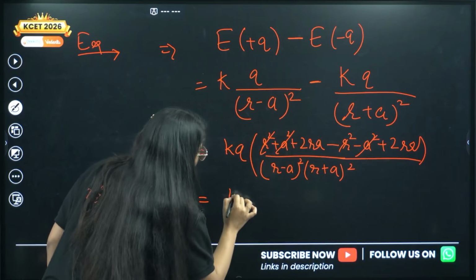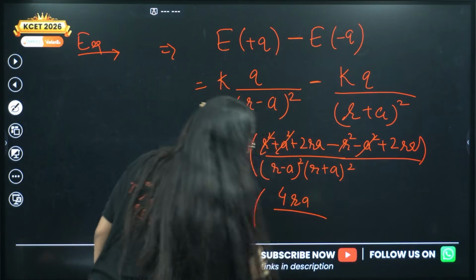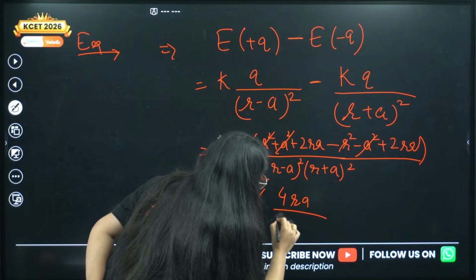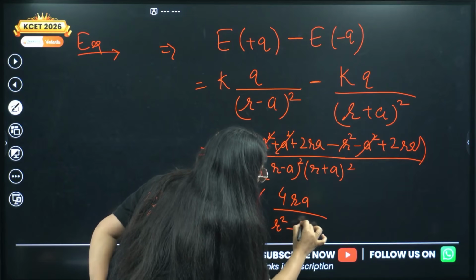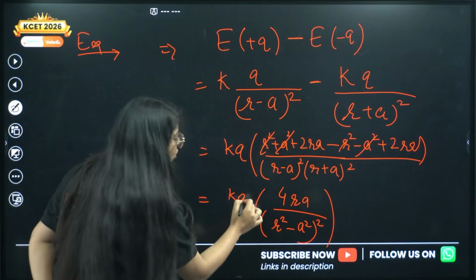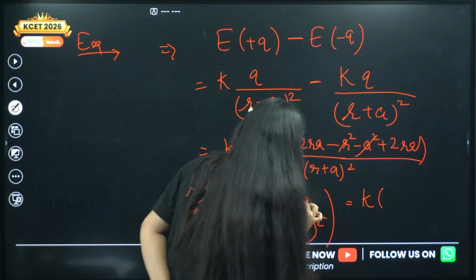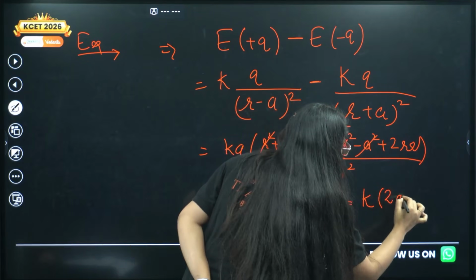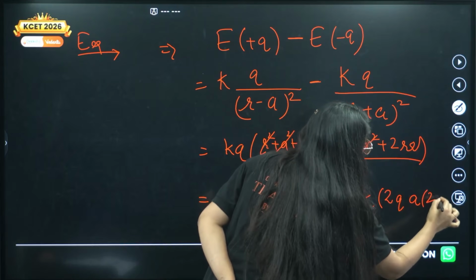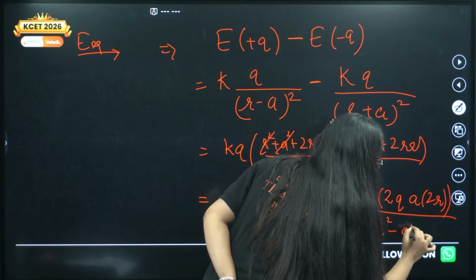We will get kq into 4ra, but sorry, in the denominator if you just apply basic math, this will be r square minus a square whole square. Correct? So we got K, that is our constant, 2q into a into 2r, divided by r square minus a square whole square.